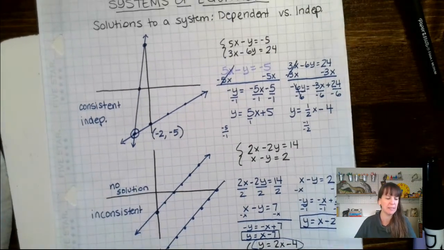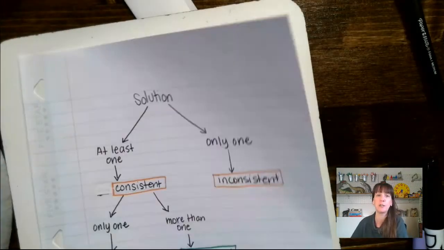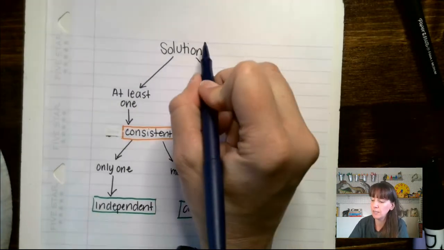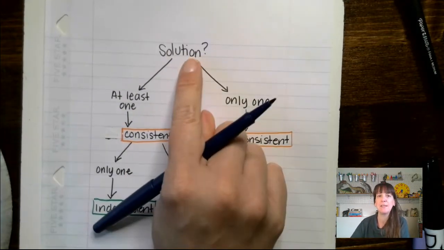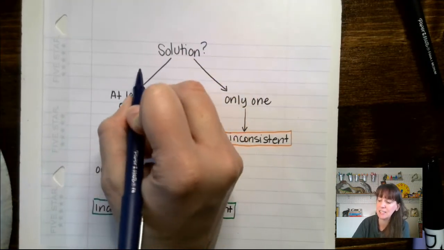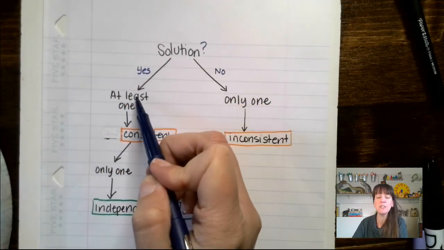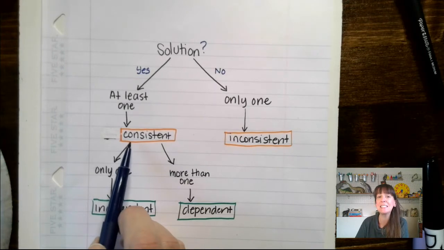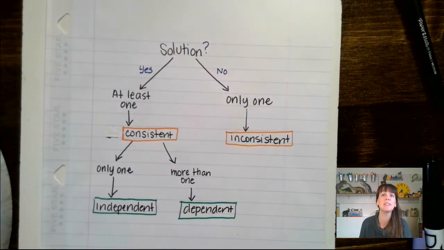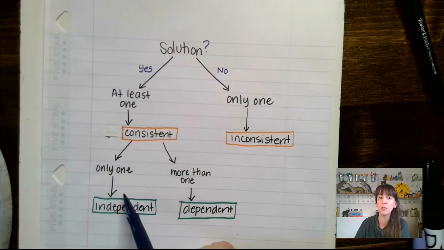So how can you remember that? Here's a great little flow chart to put into your notes. Is there a solution? If that is yes, there is at least one, and then no. If there's at least one solution, then it is a consistent graph. If there's only one solution, it's independent.